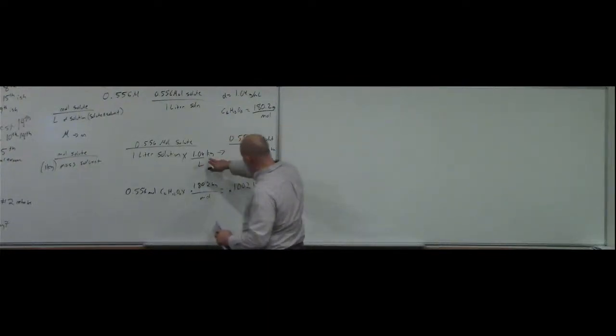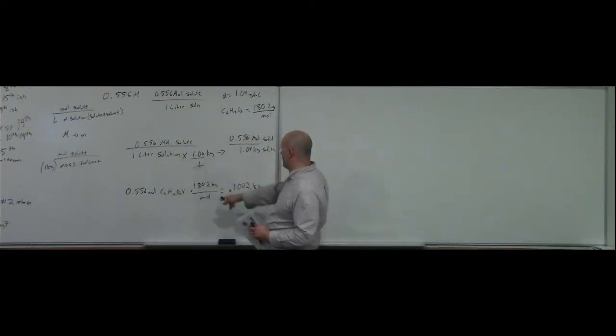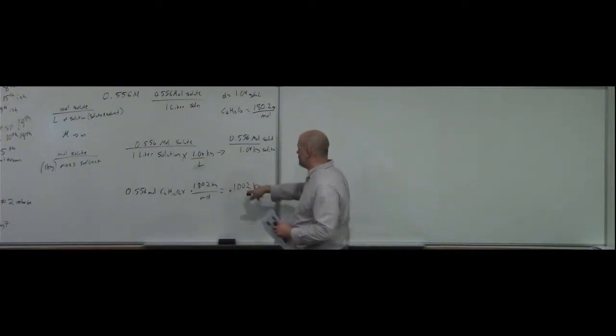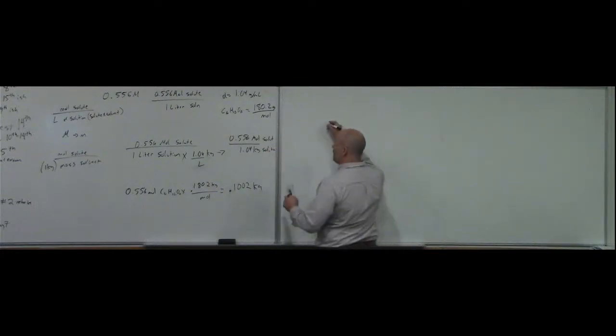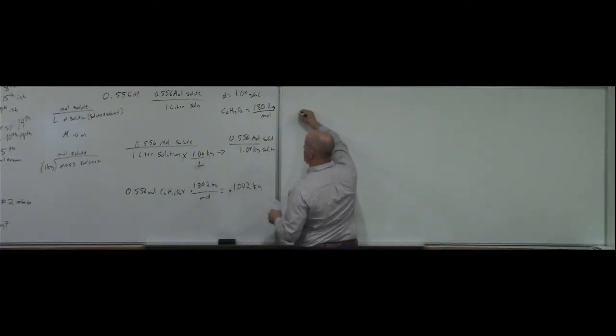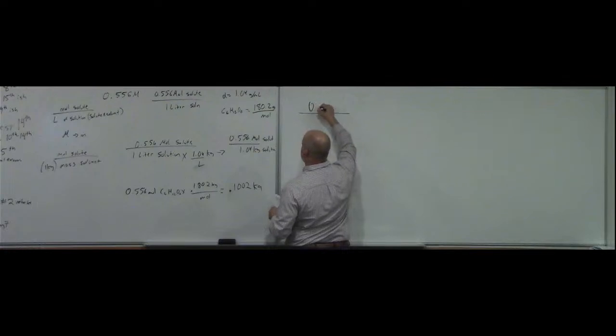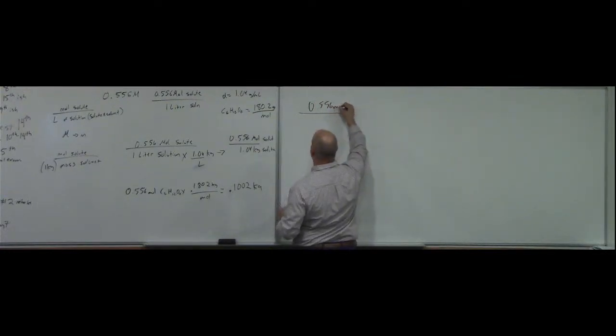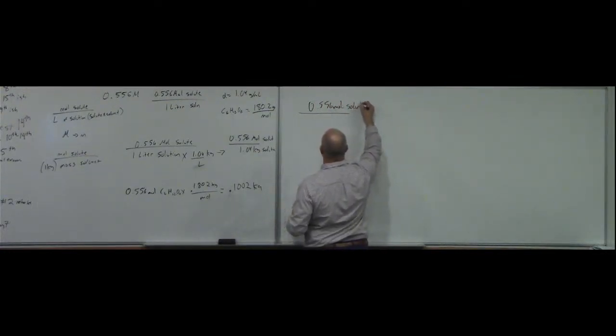So, this mass is for both my solute and my solvent. If I subtract my solute from my solution, I'll be left with my solvent. So I know I've got 0.556 moles of solute.